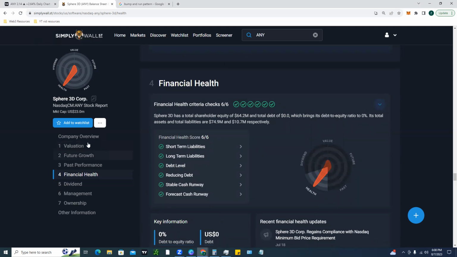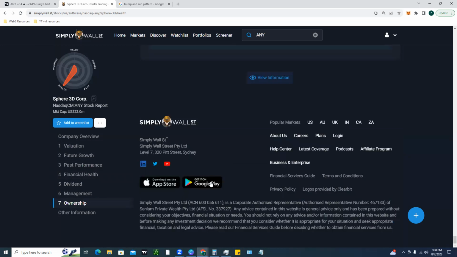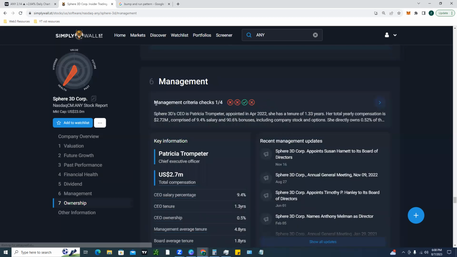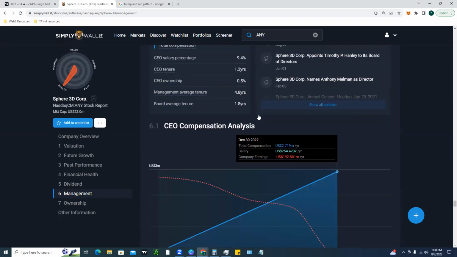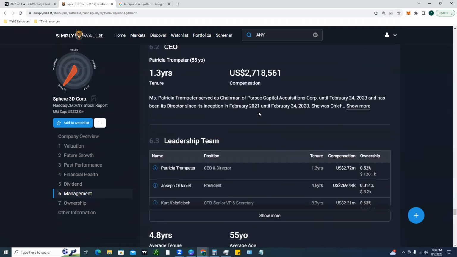Again, you can dive into the valuation, the future growth. You can even take a look at the management and ownership. If you click on ownership here, you can see who really owns the stock. It gives you the CEO. You can go over the CEO's salary percentage, their tenure, their ownership of the shares, 0.5%, and really break down a lot of things for you.